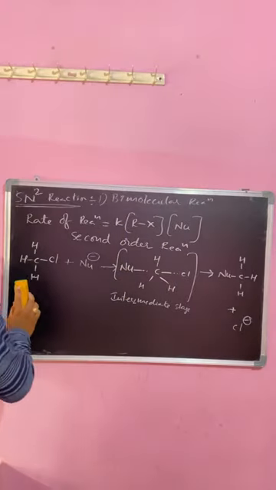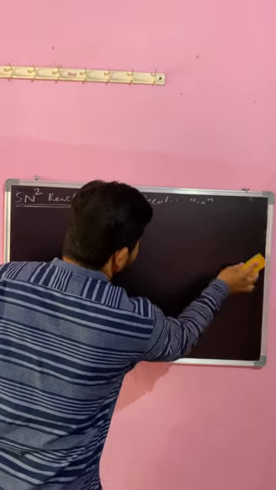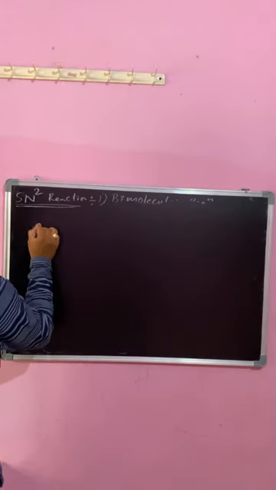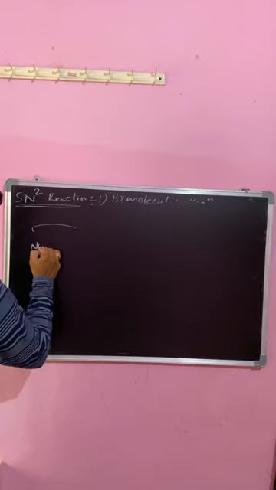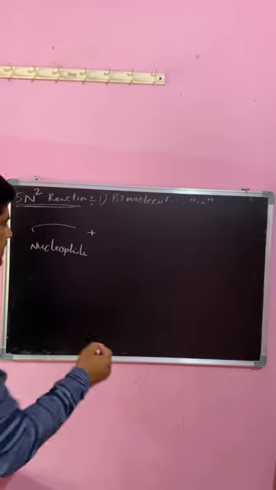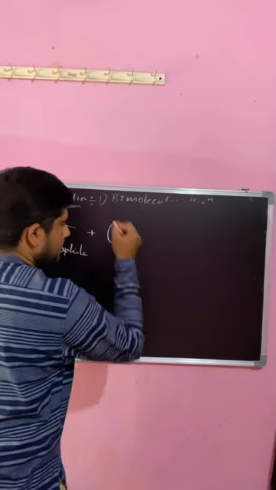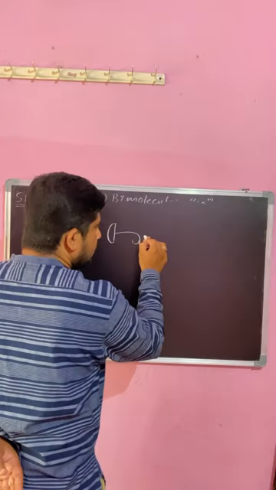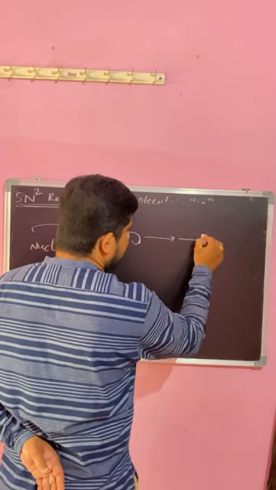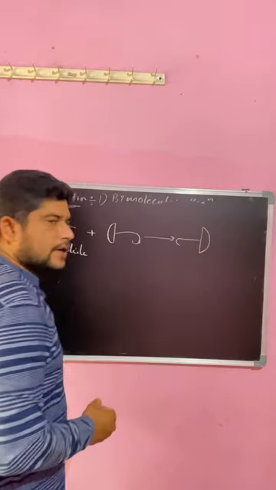We'll see here. Assume that this is a nucleophile and it is reacting with the alkyl halide. So in the reaction what happens? It attacks from the back side, that's why its configuration is inverted.